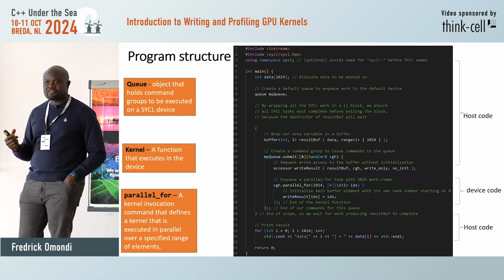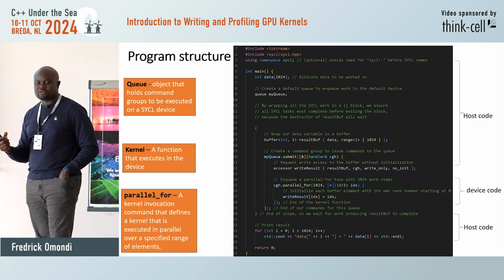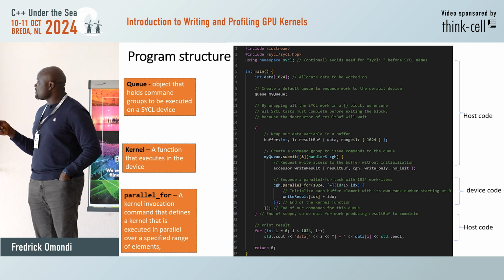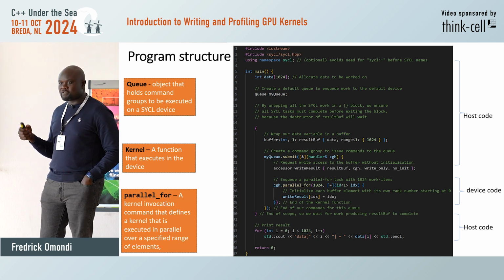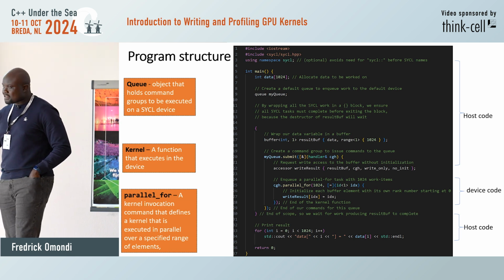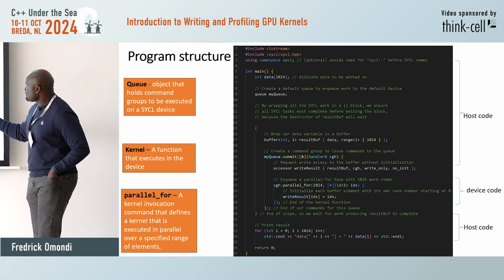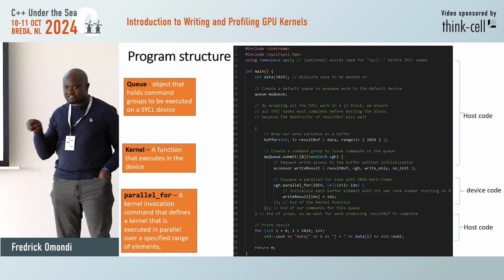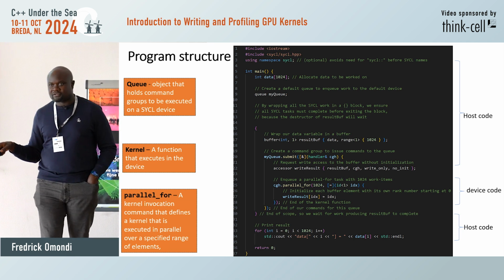Typically a queue is the data structure that the CPU will submit tasks to. And once these tasks have been submitted, the GPU performs these tasks using a kernel. So a kernel is the actual function, and this is the kernel in this case. It runs on the actual accelerator, so it could be a GPU or an FPGA if you like.